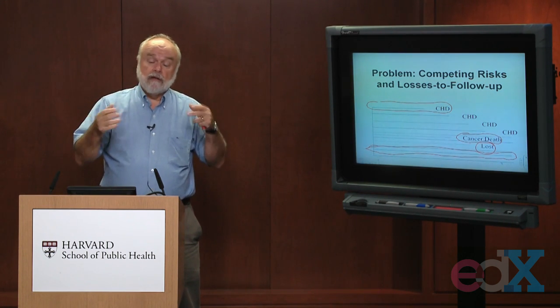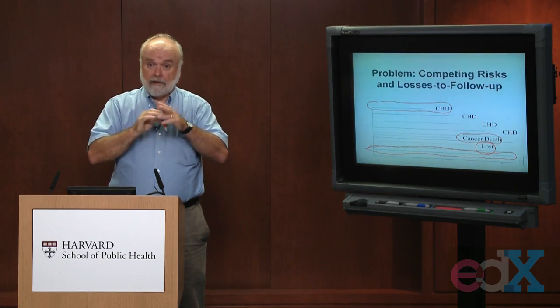On top of that, the purpose was to record all the new outcomes that happened since the last time someone saw you. Since we saw you 2 years ago, have you been diagnosed with cancer, diagnosed with heart disease, and measuring all those outcomes? Well, the intent was everyone would come back every 2 years and be re-examined.